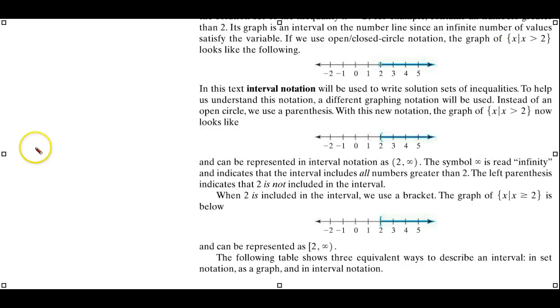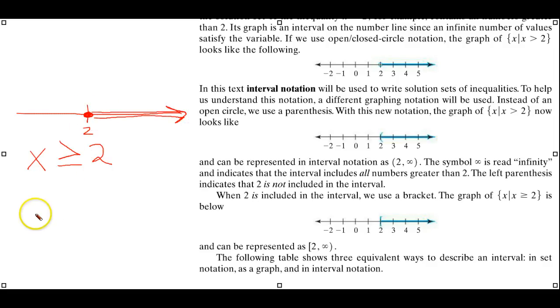Now, a modification of this is if you have x is greater than or equal to 2. We used to graph that on a number line by putting a dark, filled-in circle over the 2 to indicate that the 2 was included. Now when we graph it, instead of a dark circle or a parenthesis, we put a bracket.